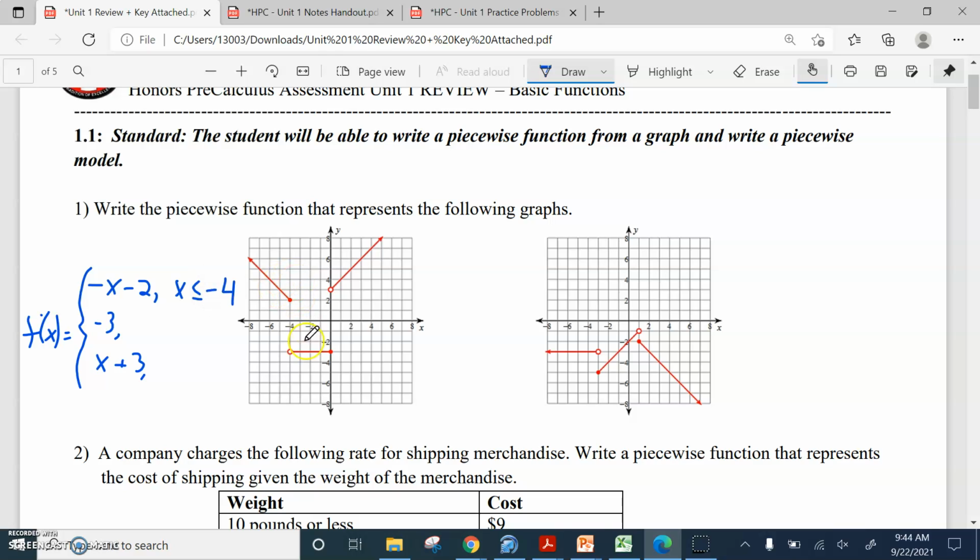The next piece, this middle piece, has a domain that starts at -4, but it doesn't include it. So I'm going to say -4 less than but not equal to x. And then it does have a solid dot at the end at 0, so x is less than or equal to 0. And then the third piece is anything x greater than 0.